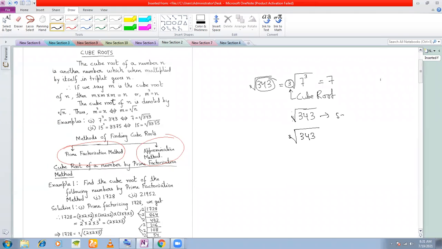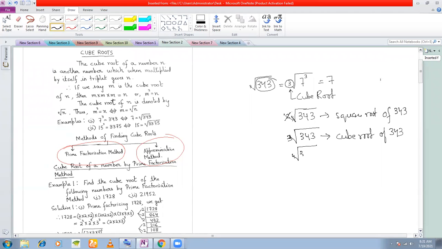So 3 means that we have to find the cube root. This means the cube root of 343. When I write nothing here, it means square root. When I write a 3, it means cube root. There can be others also. There's something called the fourth root, but we'll not be getting into it. You can have a fifth root also.